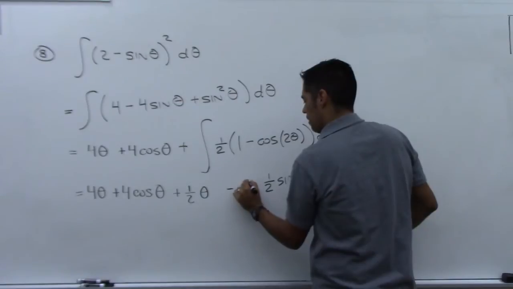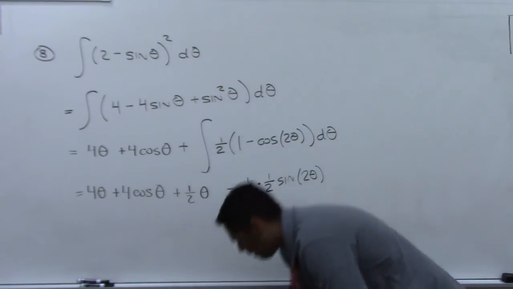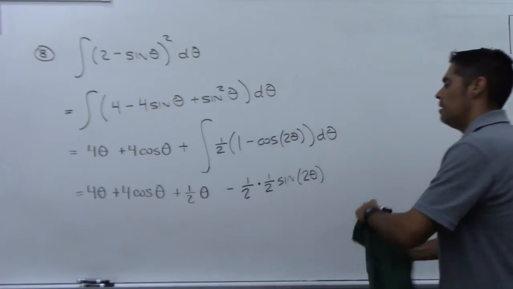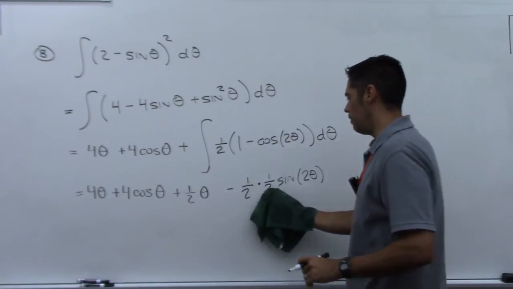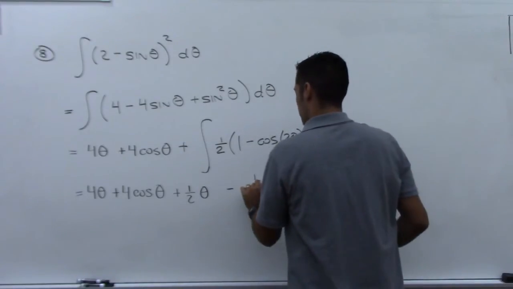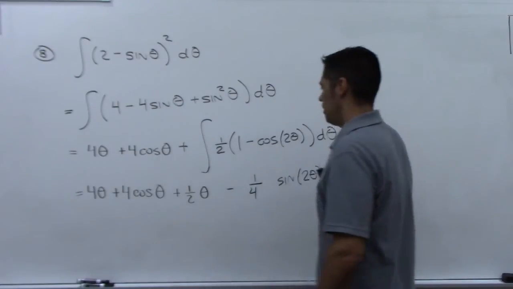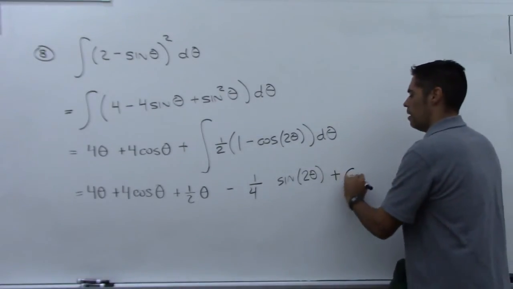So I'm going to put a negative and then a 1/2 in times, because it's multiplication there. And now when you put those two together, you get negative 1/4. So minus 1/4. Just got to be careful with the signs and stuff. And then plus c. We're done.